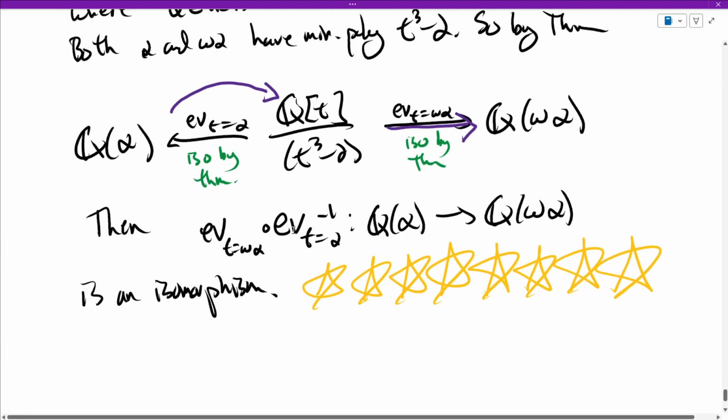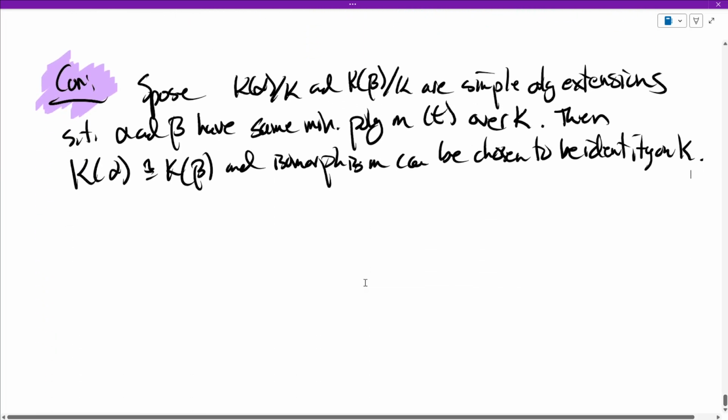Really, if you wanted to describe this function, it's replace alpha with beta. And if you look back to homework 1, when you did this problem, all you did for that function is you replaced alpha with omega alpha. So this is going to be very similar, so let's prove it.